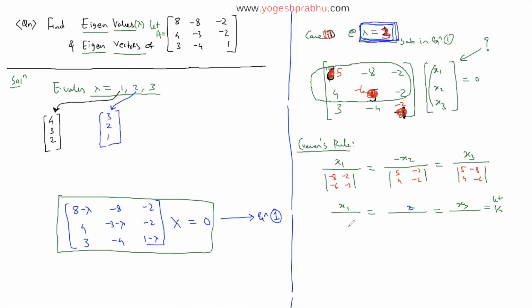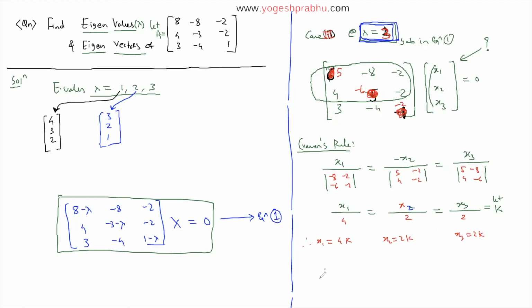Simplify this, you'll get x1 divided by 4, and this is x2 divided by 2, and then x3 divided by 2 as well. Therefore you write down x1 is 4k, x2 is 2k, and x3 is also 2k.